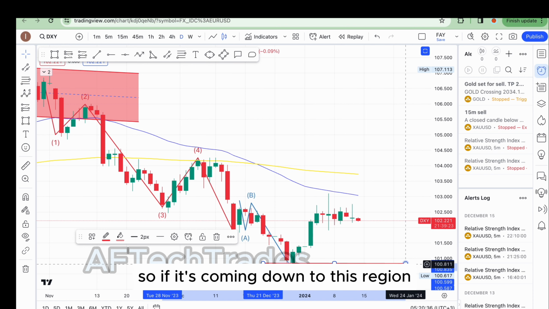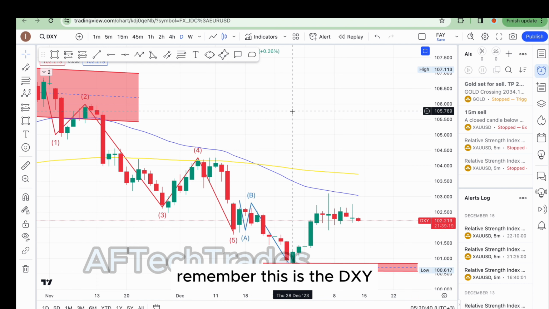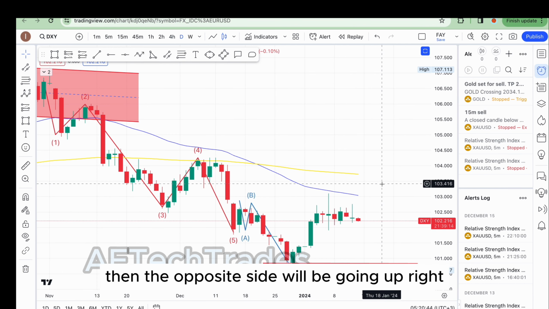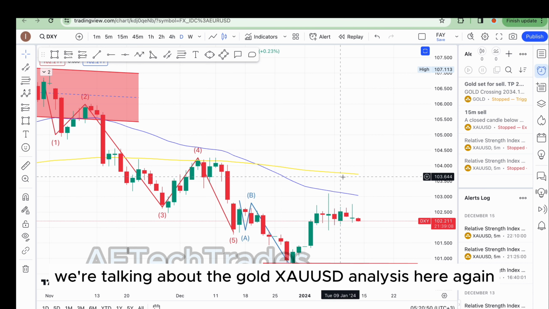Remember, this is the DXY. If this is coming down, then the opposite side will be going up, right? When I say opposite side, we're talking about the gold analysis.